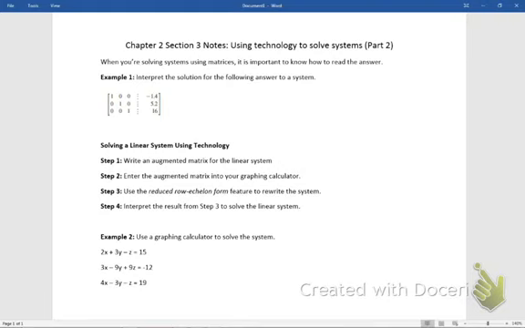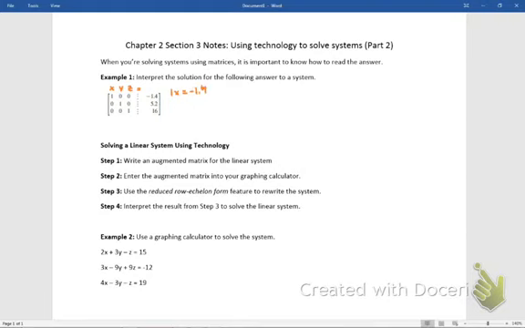Now, what this means is that since you now know how to put an equation into a matrix, you know that this first column is x, this is y, this is z, and it equals something. If I were to rewrite this back in the original form, we would have 1x plus 0y plus 0z equals negative 1.4.